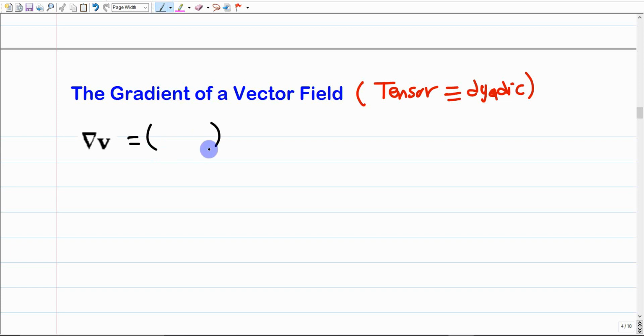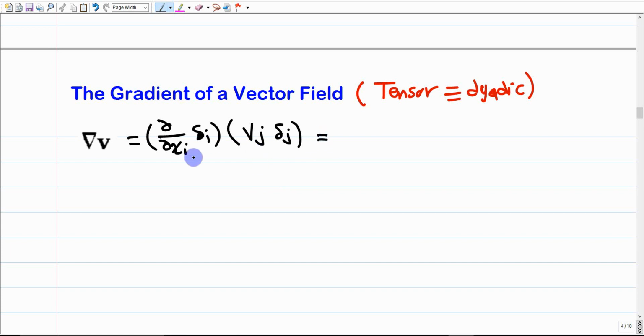Let us start with the compact form of the gradient. The nabla should be partial by partial xi delta i, right? Agree? Times directly, there is no dot product, there is no cross product, just v, which is vj delta j. We use another index because we're still working on the same term.